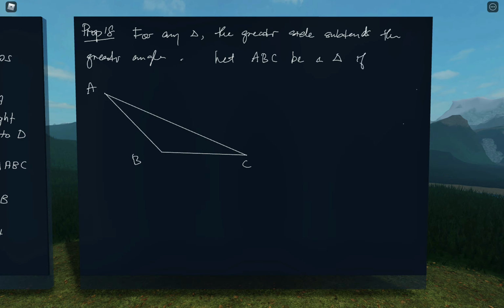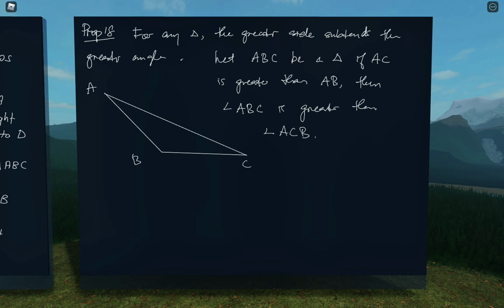If AC is greater than, say, AB, then the opposite angles are also correspondingly one greater than the other. So angle ABC is greater than angle ACB.